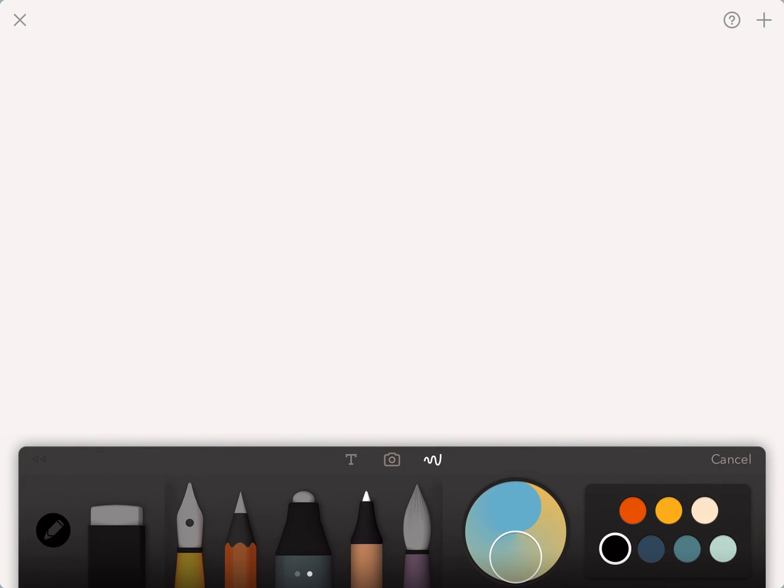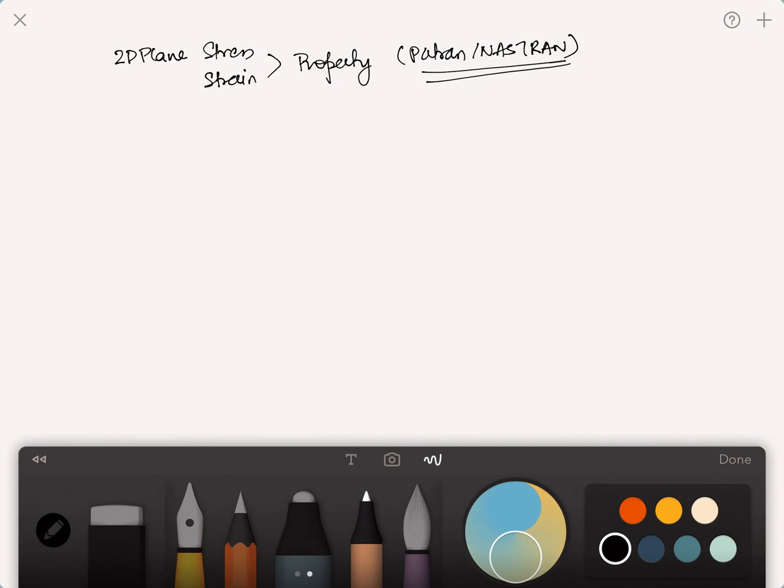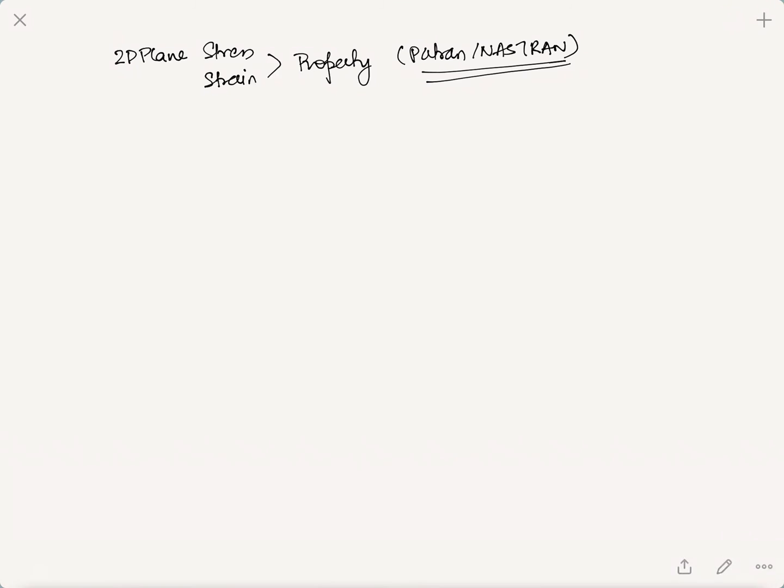If you're using Patran-Nastran, then you actually have 2D plane stress and plane strain property types. So you look for these property types in Patran-Nastran when you are making 2D properties, and you would be able to find these as direct conditions, and therefore apply the property type directly to your part. So it's basically quite simple.